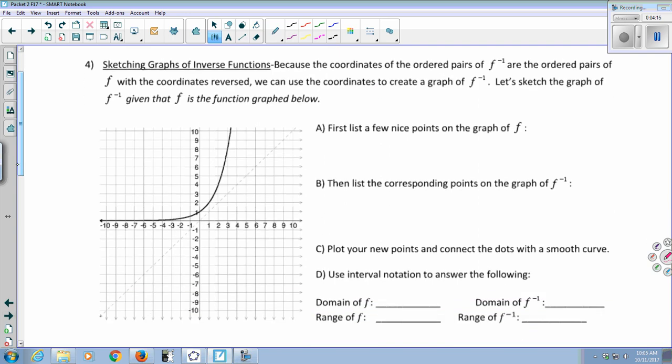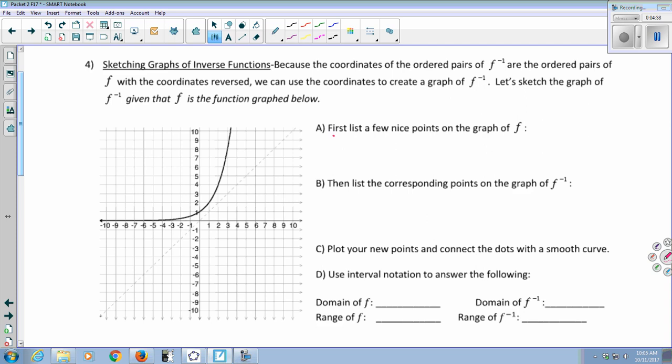All right, so if we're given a formula, you can find a formula for the inverse. But if you're given a graph of a function, you can sketch a graph of its inverse, even if you have no formulas. Because the definition of what an inverse does is it reverses the role of input and output. So you can look at some points, list a few nice points on f.